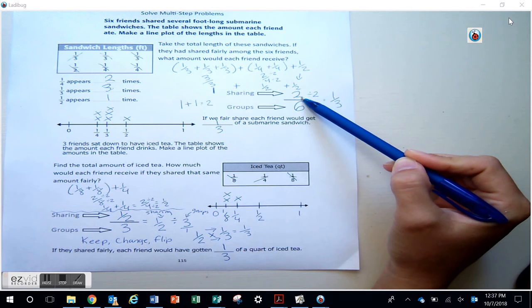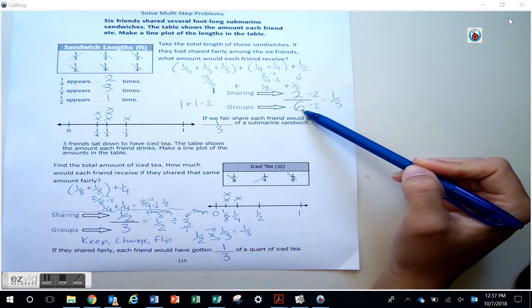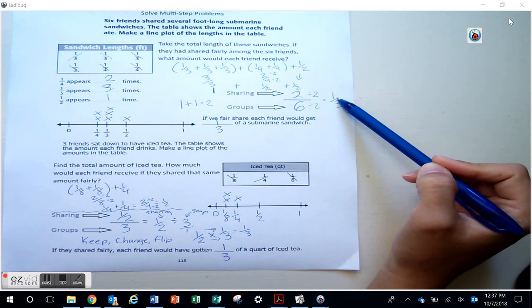So here we found we had 2 total feet of sandwiches, and if we had cut that up for the 6 people so they each got the same amount, we'd have 1/3.